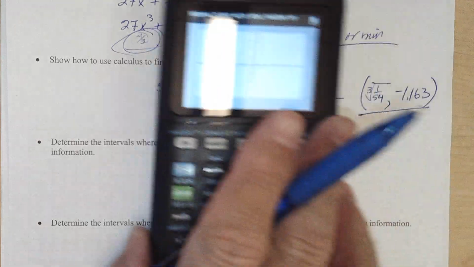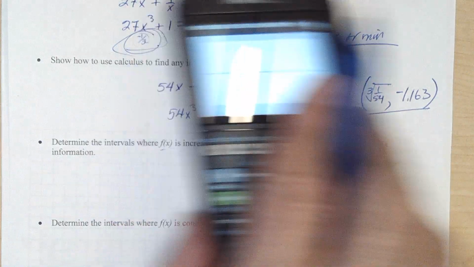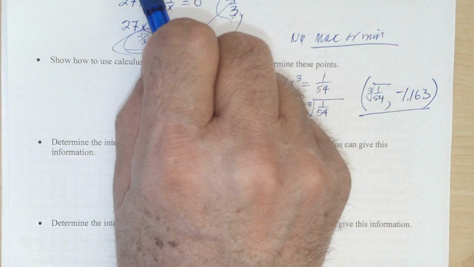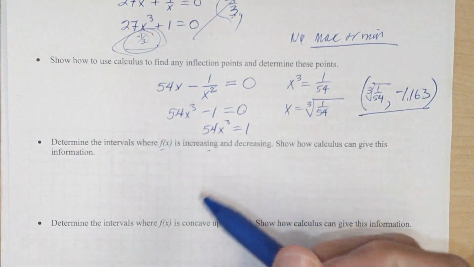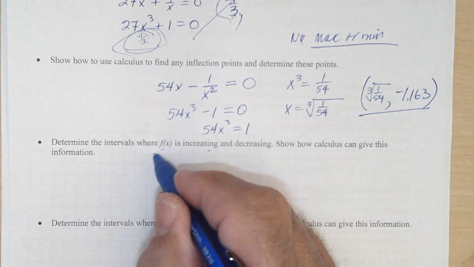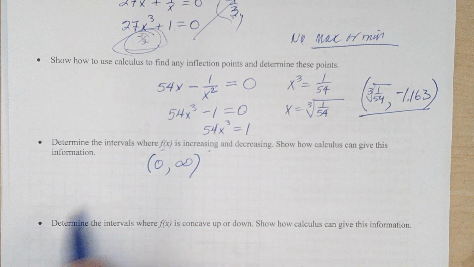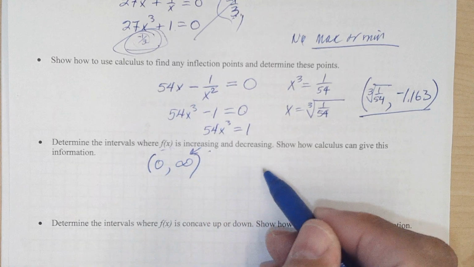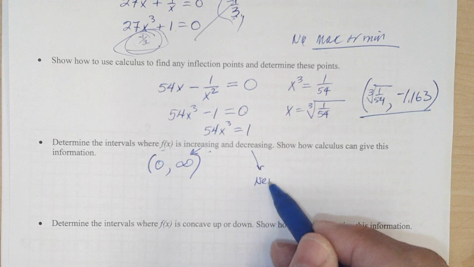Since we're putting in only positive x, and we can see it's always increasing, and with positive numbers in here, the slope will always be positive. So it's increasing, doesn't exist at 0. So from 0 to infinity, this thing increases, and it never decreases.